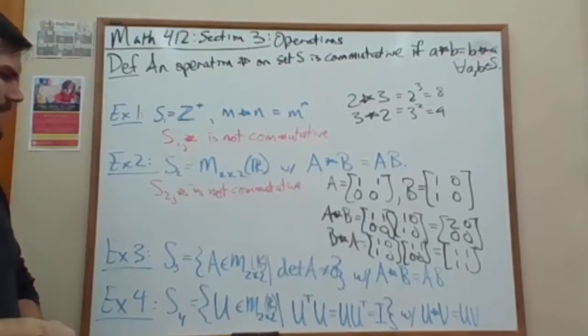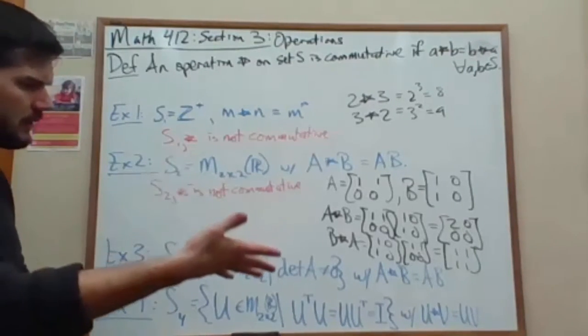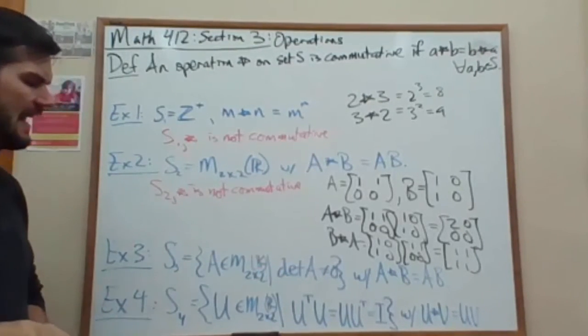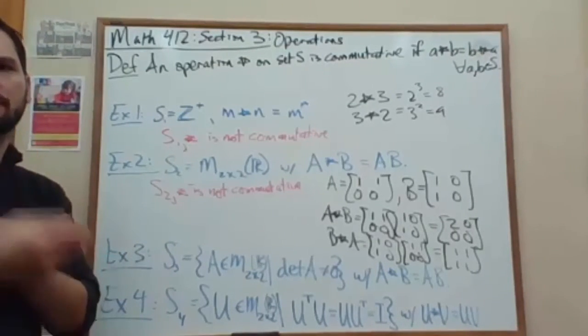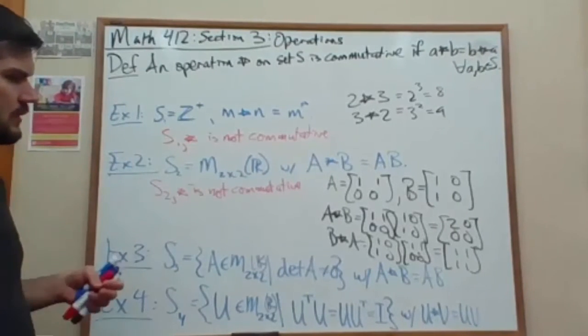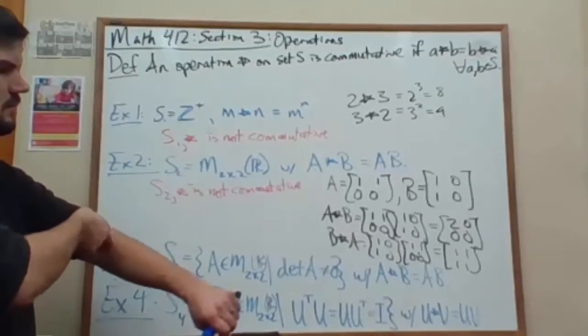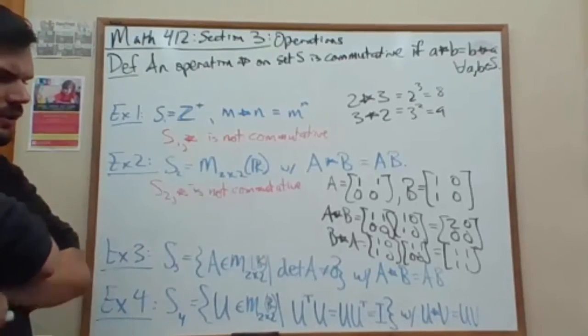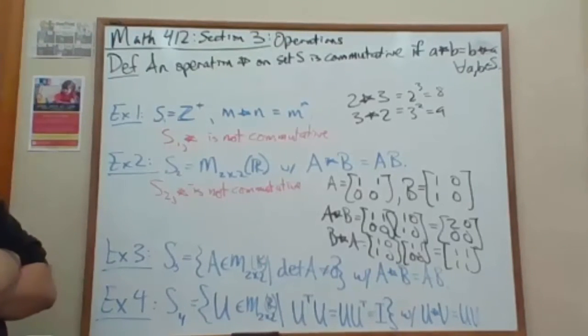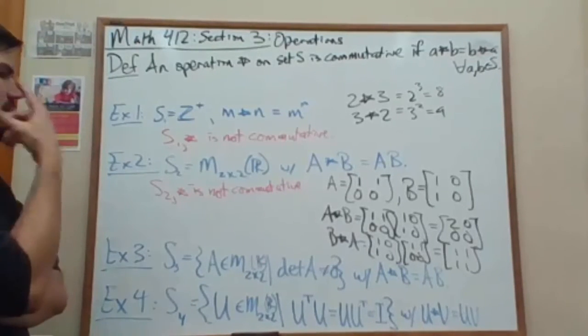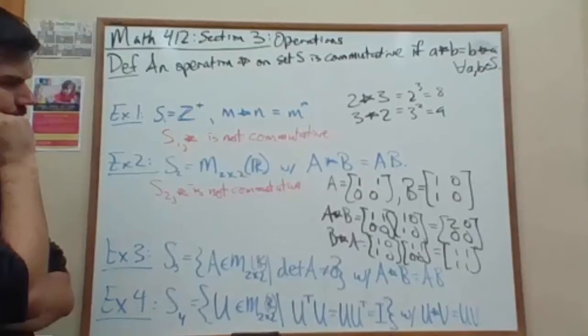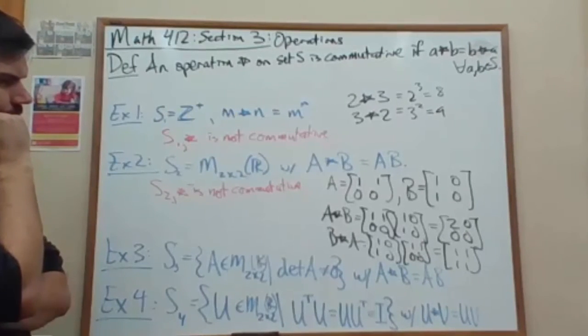Now, what about S3? S3 restricts things down to having a determinant that's non-zero. So the question is, if the determinant is not zero, are we able to reorder the matrices?